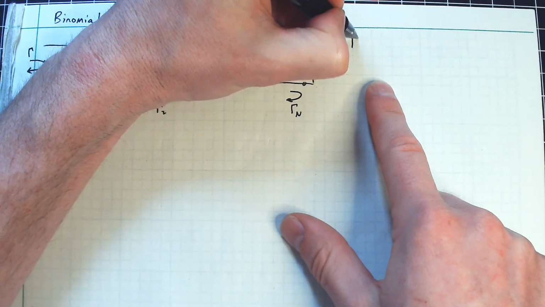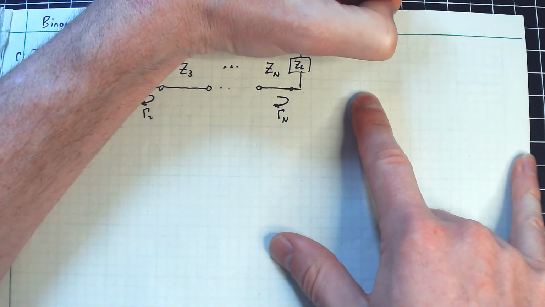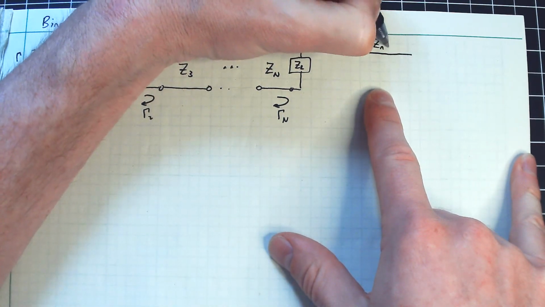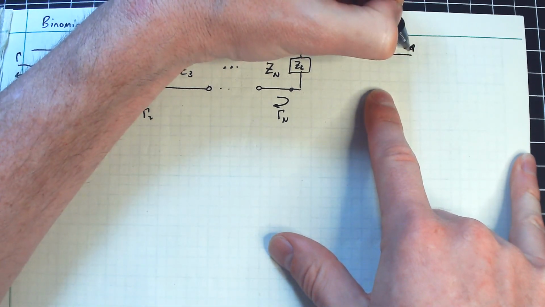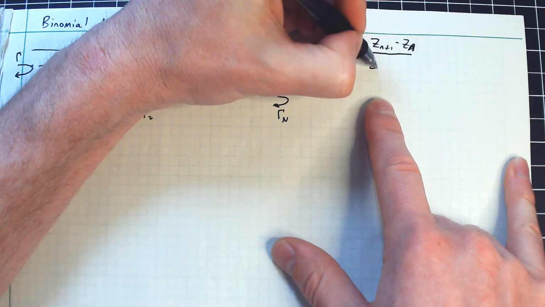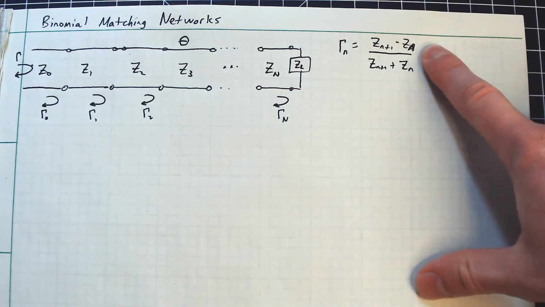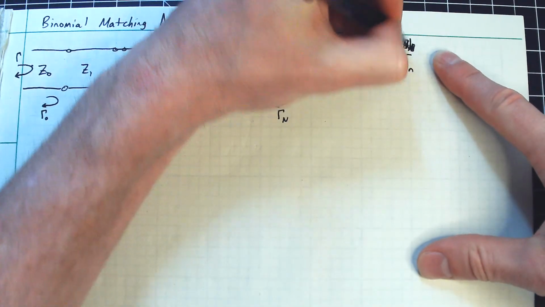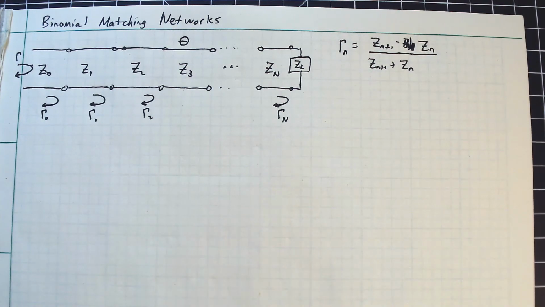And the partial reflection coefficients would satisfy gamma sub n is equal to z sub n plus 1 minus z sub n, divided by z sub n plus 1 plus z sub n. So, the partial reflection coefficients.